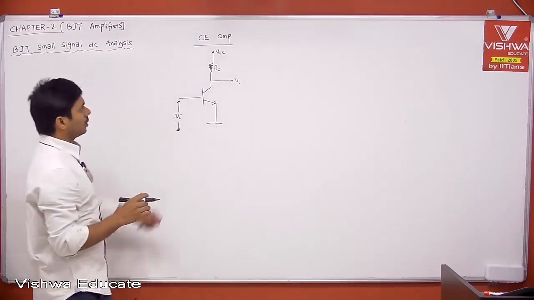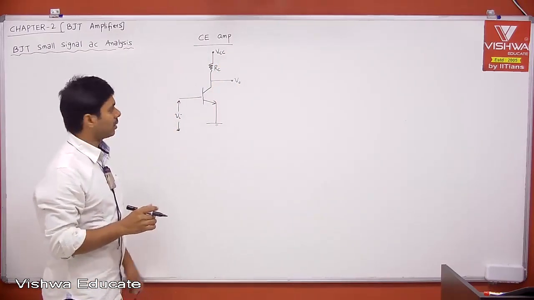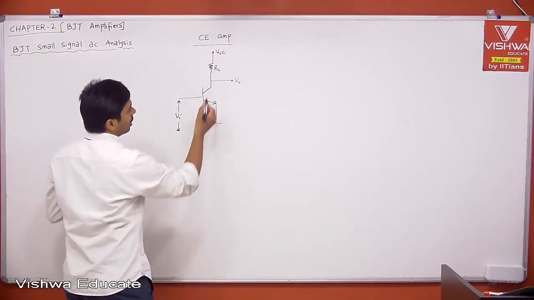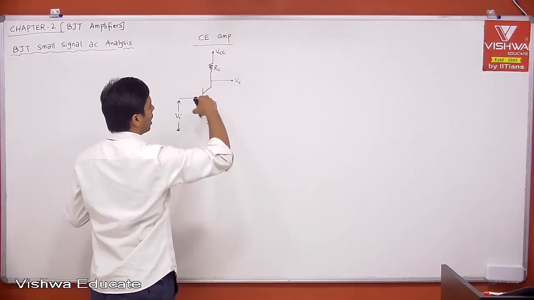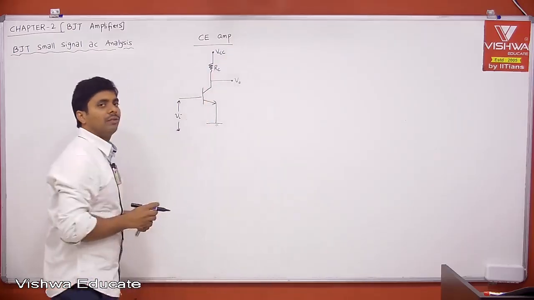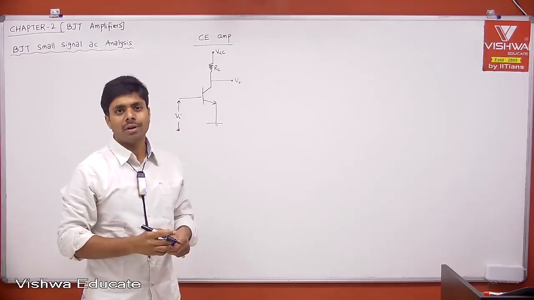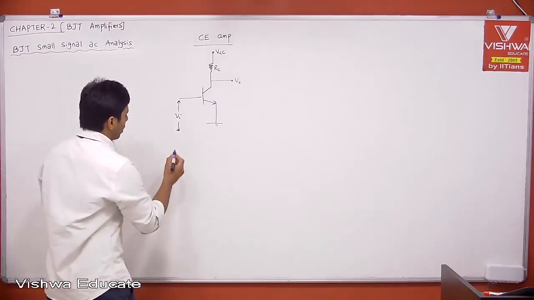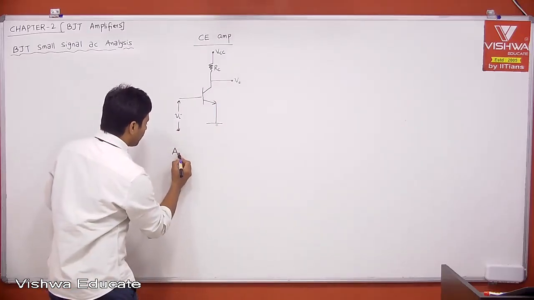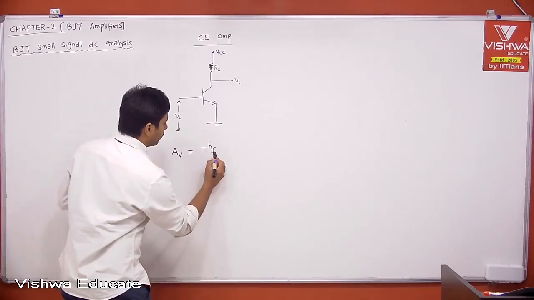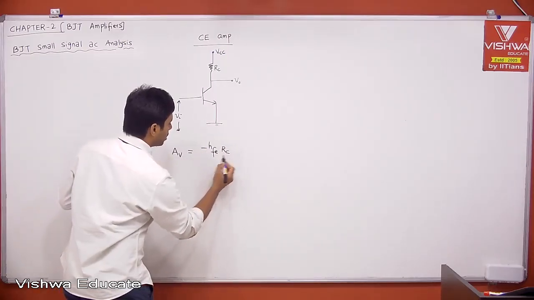This is only the AC circuit, and the power supply is also there. For this, we can take the simplified model, assuming that RC, the effective load for your transistor, is less than or equal to 4K. Then we got the voltage gain AV without any feedback equal to minus HFE into the load RC divided by HI.